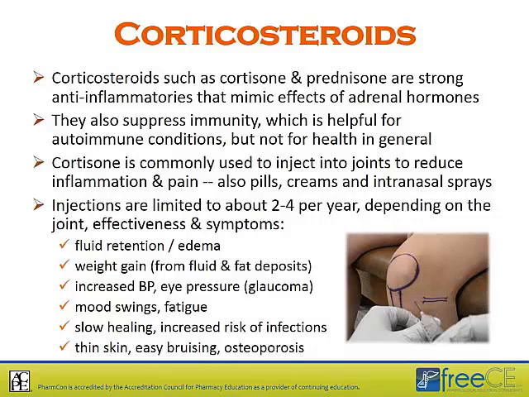But it's also available as pills, topical creams, and intranasal sprays. Cortisone injections are usually limited to between 2 to 4 per year, especially per joint, but that depends on many factors, including which joint, the effectiveness, and the negative side effects or symptoms.